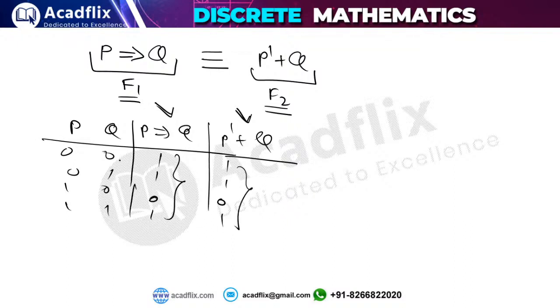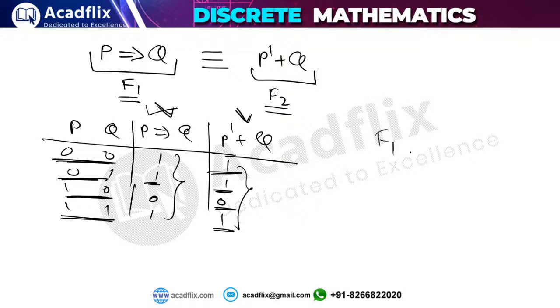Why? Because whenever F1 is true, for example in this case, you can see in this case F2 is also true. Similarly, in this case F1 is true, F2 is also true. In this case F1 is true, F2 is also true. Similarly, in this case F1 is false, F2 is also false.